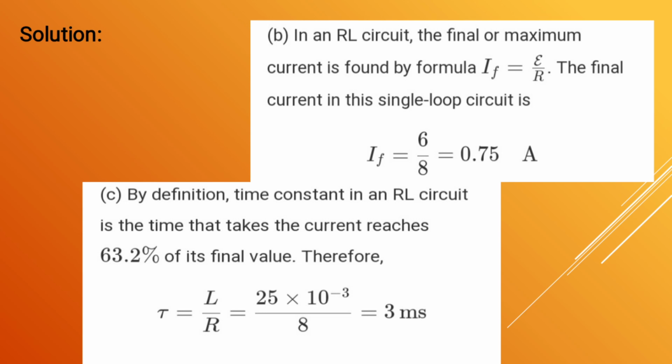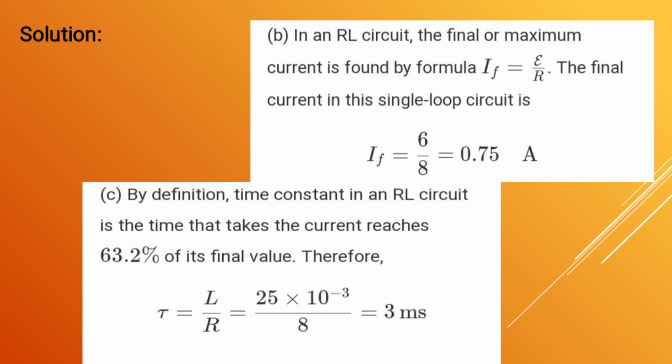Next, how to solve letter B. In an RL circuit, the final or maximum current is found by the formula I final equals the electromotive force over R. The final current in this single loop circuit is equal to 0.75 A. Next is letter C. By definition, the time constant in an RL circuit is the time it takes the current to reach 63.2% of its final value.